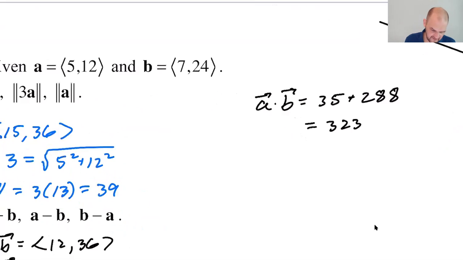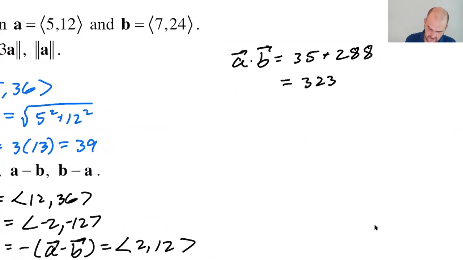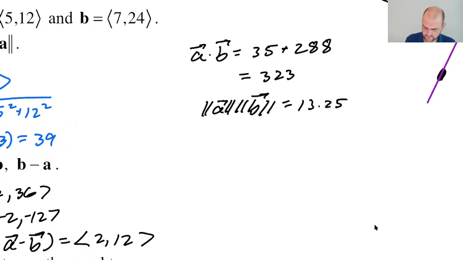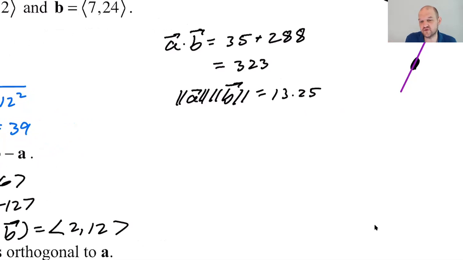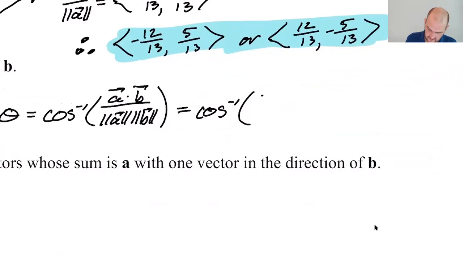The magnitude of A is 13, and the magnitude of B is 25. Magnitude of A times the magnitude of B is 13 times 25, which is like if you had 13 quarters. If you had 12 quarters, you'd have $3, and then another, so 325. So it's the inverse cosine of 323 over 325.